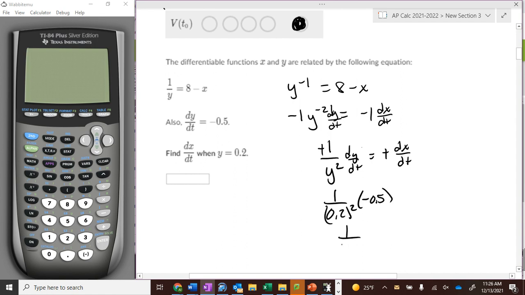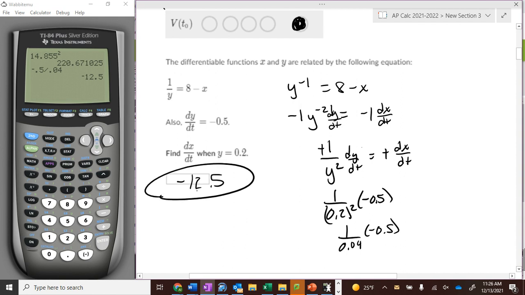So 1 over 0.04 times negative 0.5. So take negative 0.5 divided by 0.04, and you get negative 12.5. We good with that?